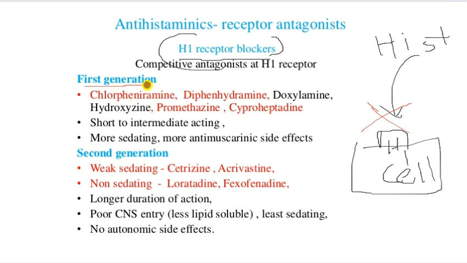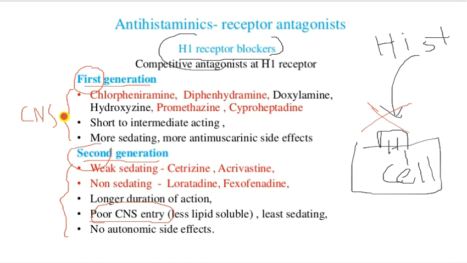So we have two generations of drugs, first generation and second generation. The first generation drugs were found first, and they have some side effects because these drugs can enter into the central nervous system. The second generation has poor central nervous system entry.